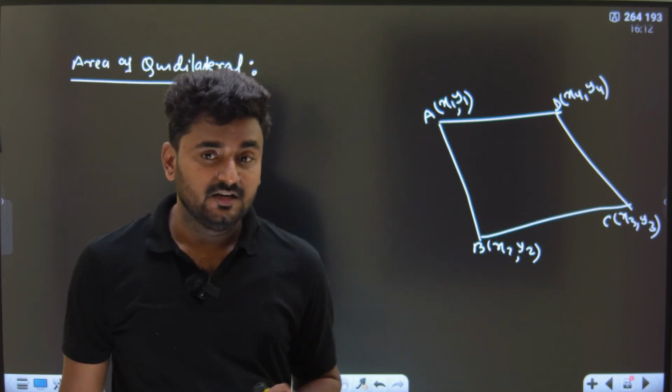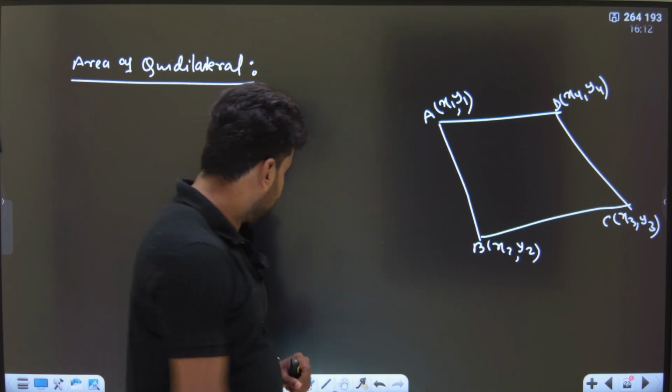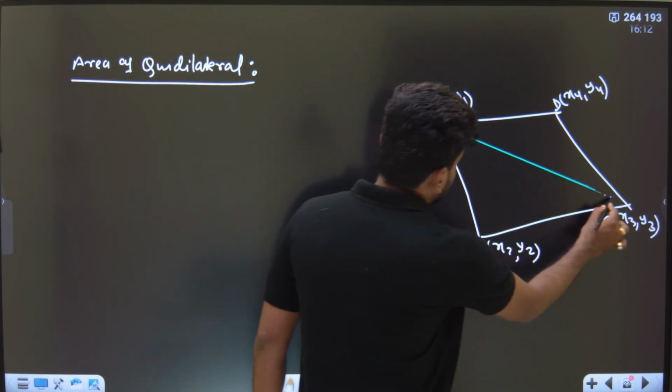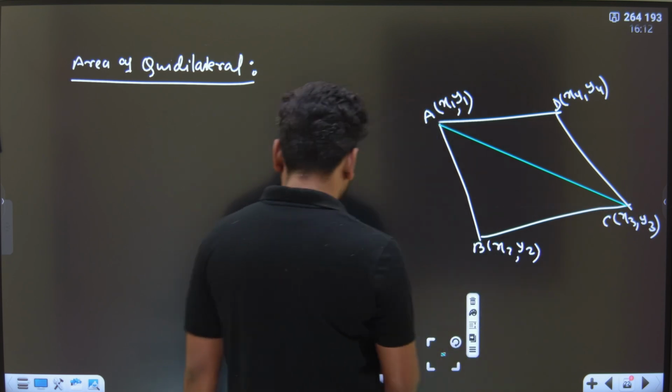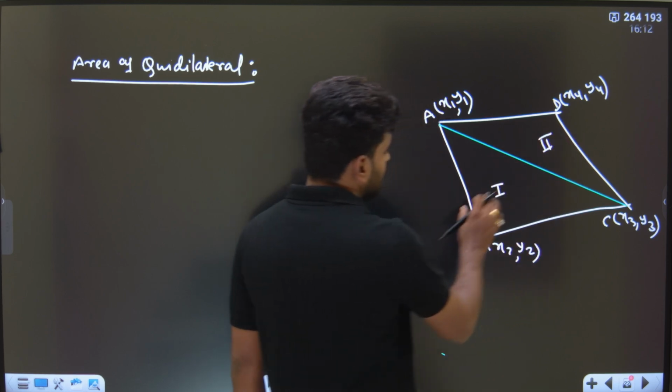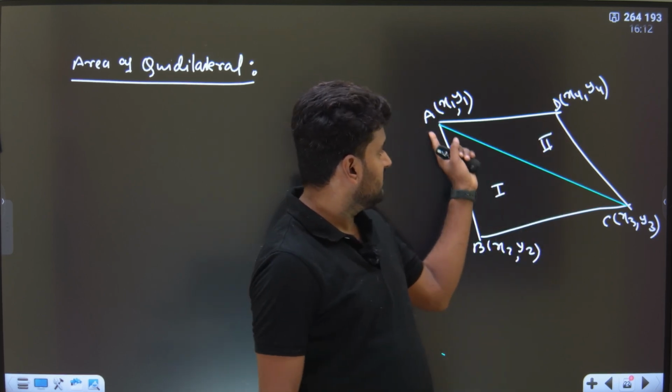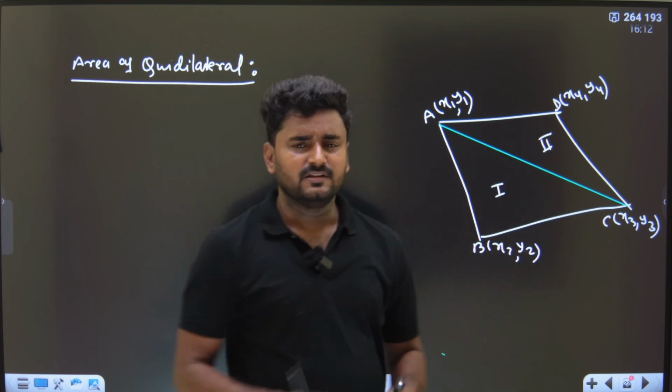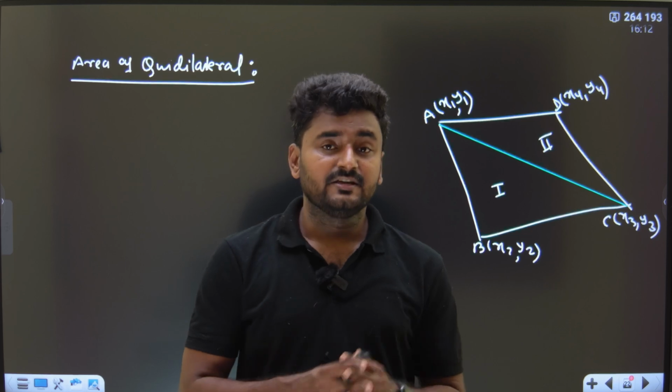For finding the area of quadrilateral, we can divide it into two triangles like this, find the area of triangle ABC and the area of triangle ACD, and then add. But students, it will take more time.